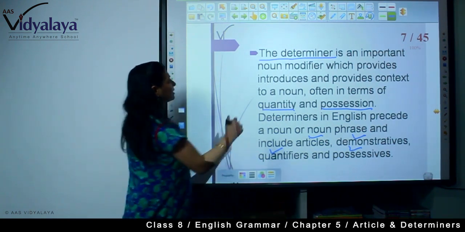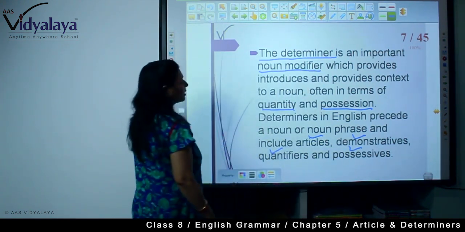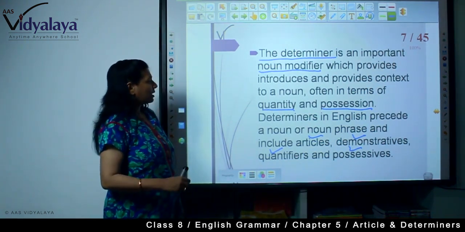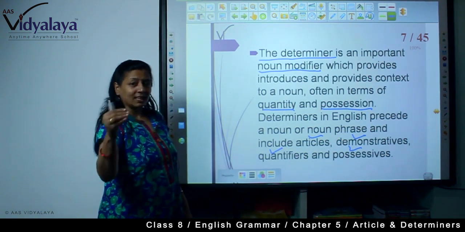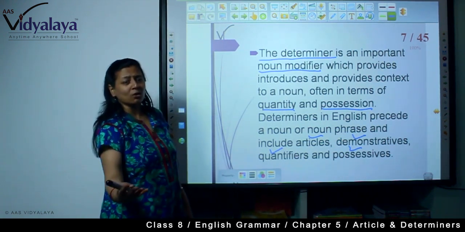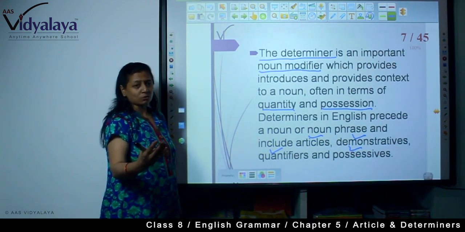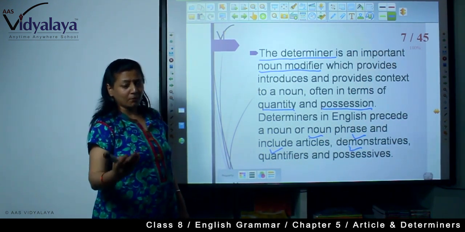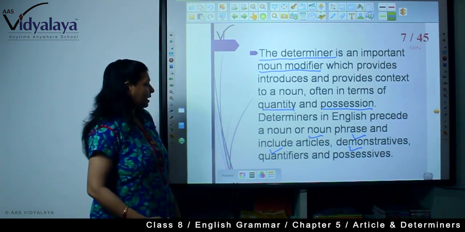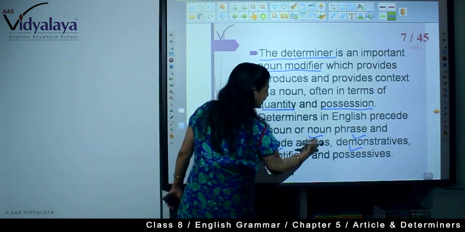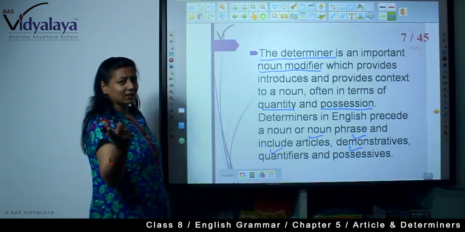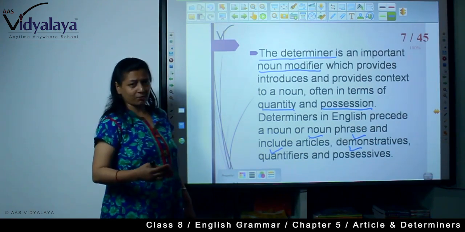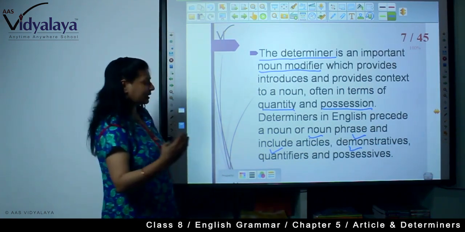They provide context to a noun in terms of quantity and possession: mine, yours, her book, and quantity, many, much, more. These include the articles, demonstratives, this, that, these, those, quantifiers, that's numbers, and possessives, my, her, your.